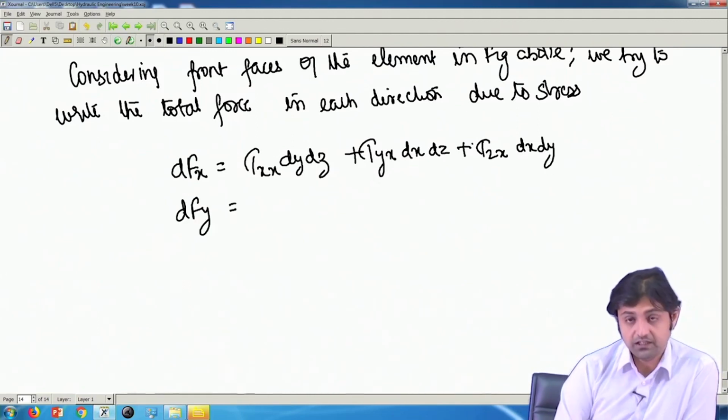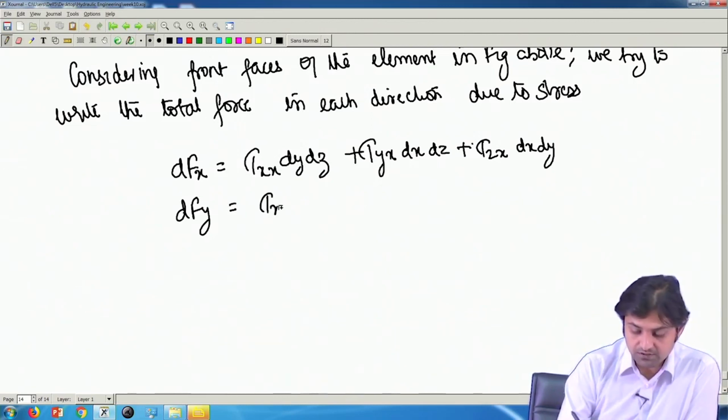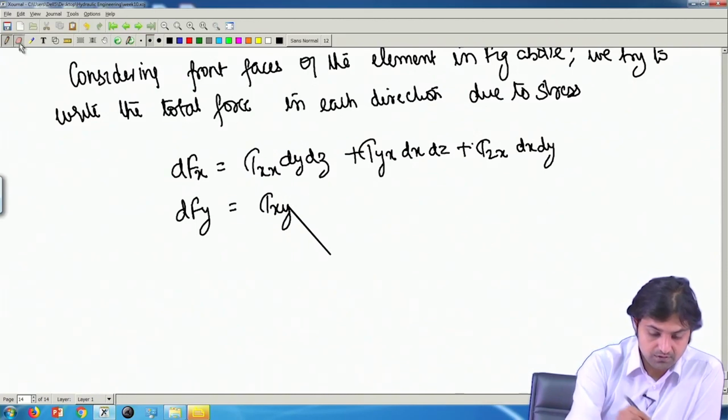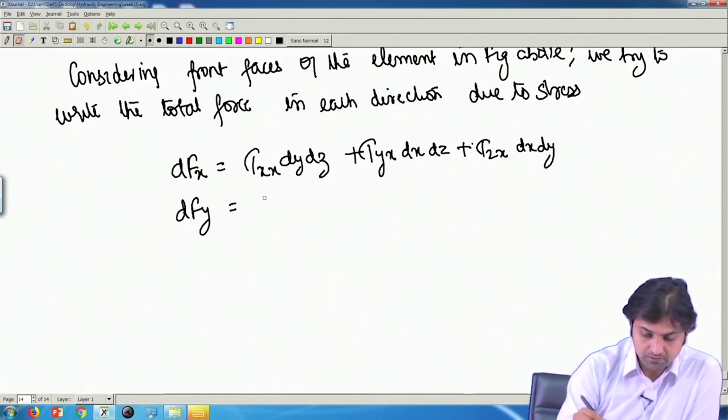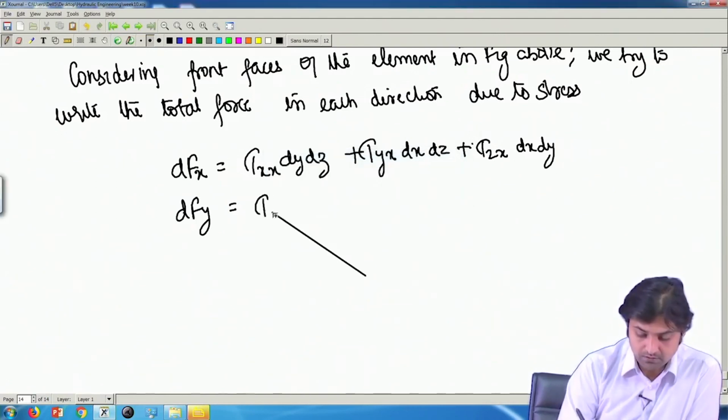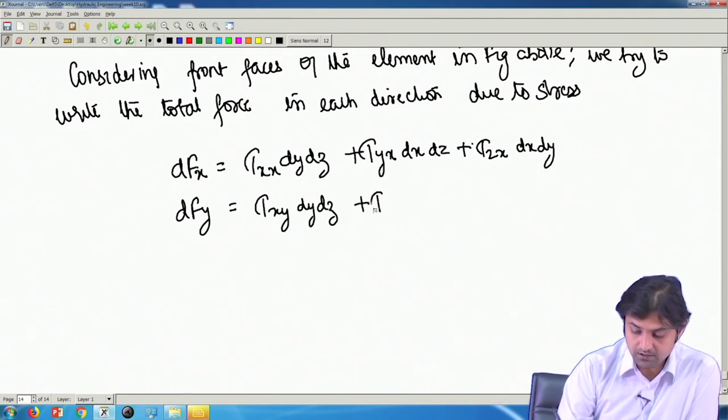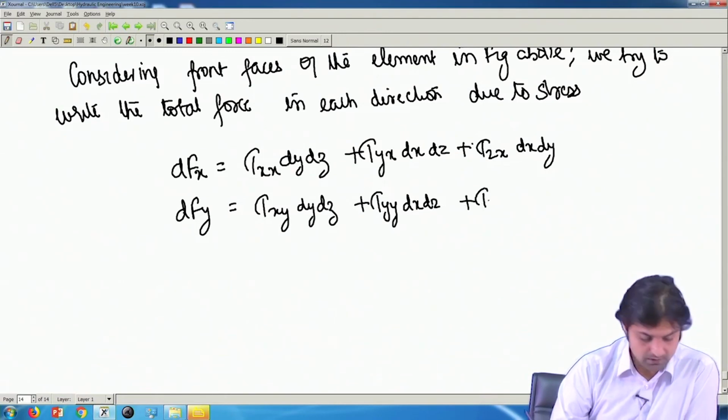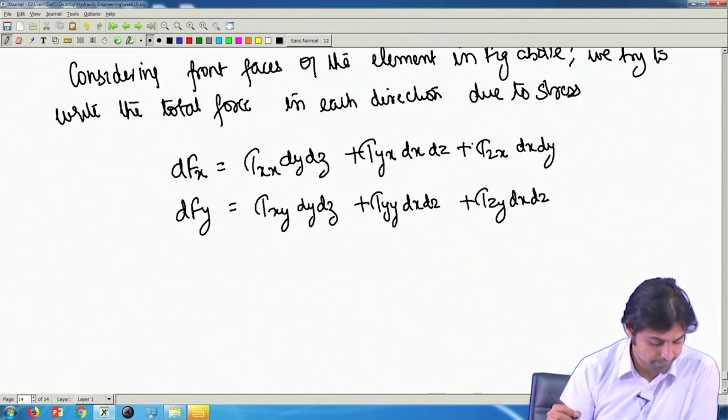So similarly, in the y direction we write down the sum: tau xy into dy dz plus tau yy dx dz plus tau zy into dx dy.